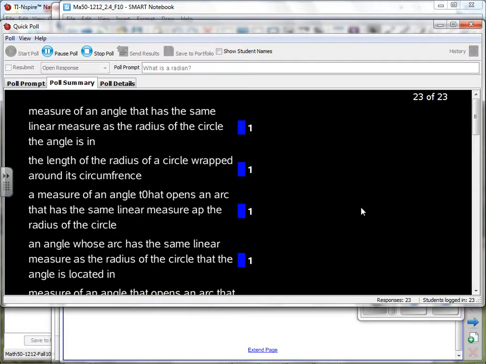You tell me. What do you think? Correct or incorrect? Measure of an angle, is that correct? Absolutely. Okay, so if you said that, that was good.